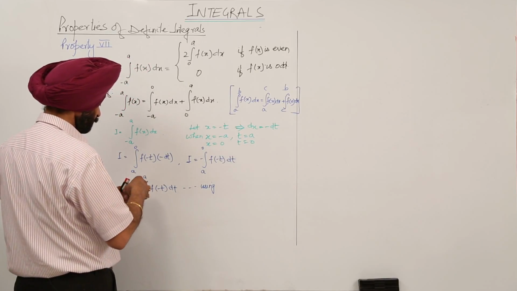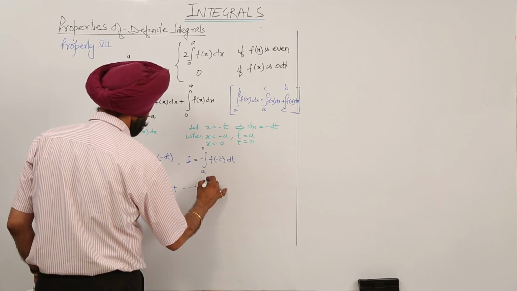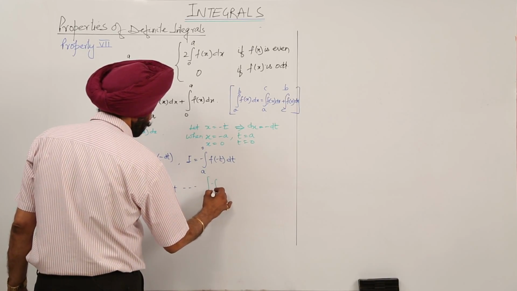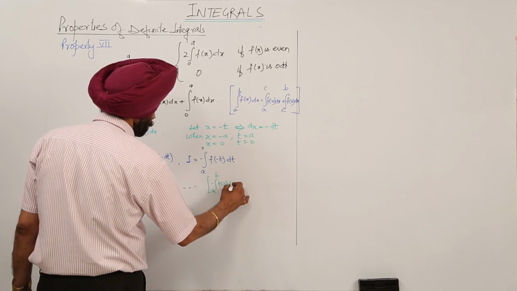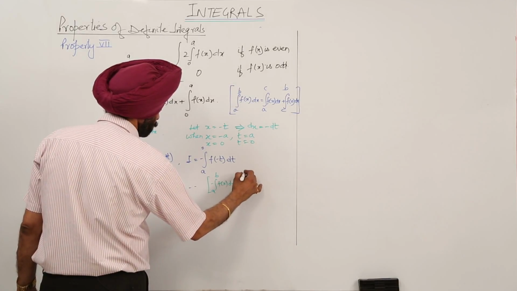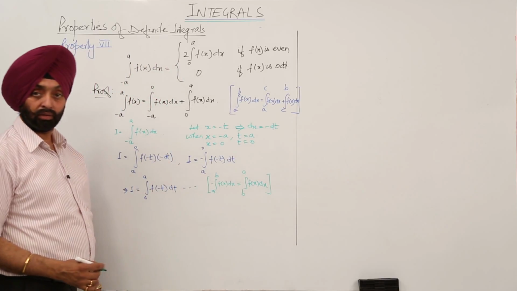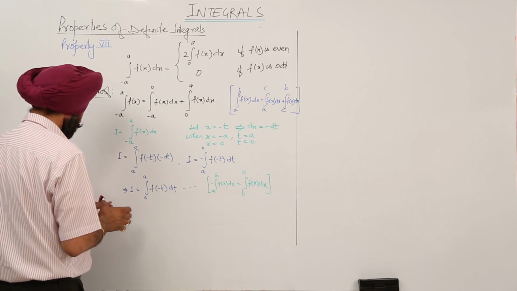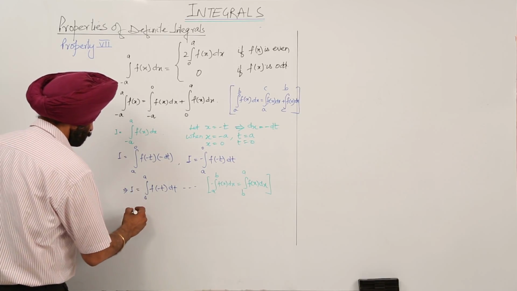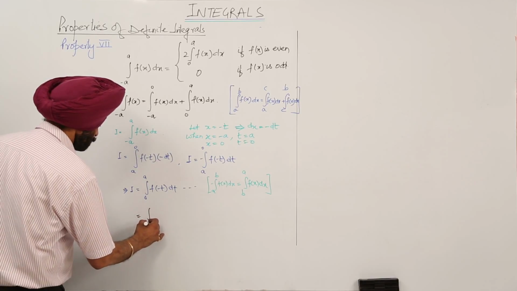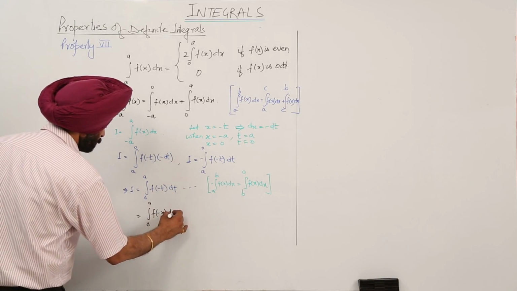Now using the negative of the integral from a to b of f(x) dx is equal to the integral from b to a of f(x) dx, Property 2, and further it becomes the integral from 0 to a of f(minus x) dx.